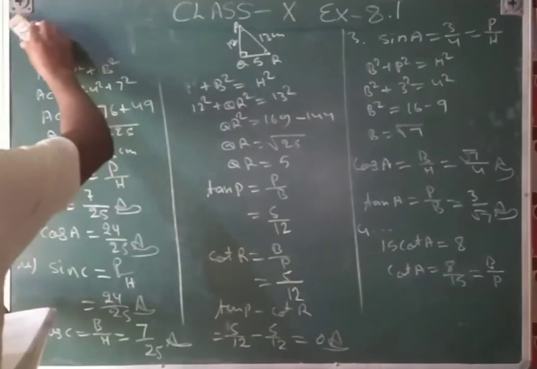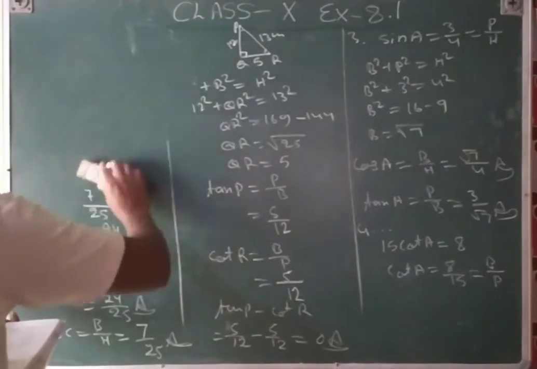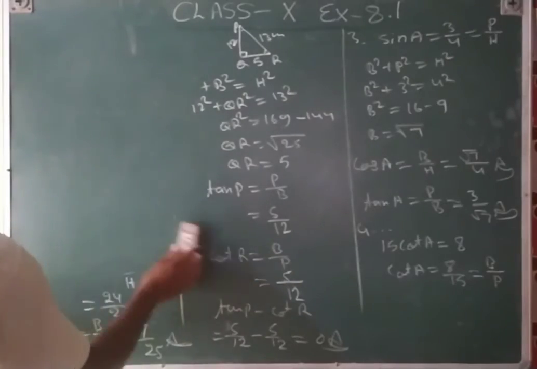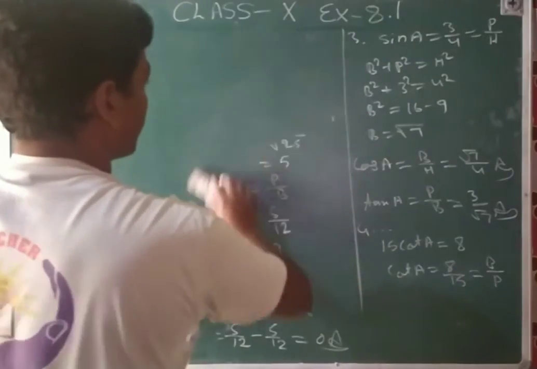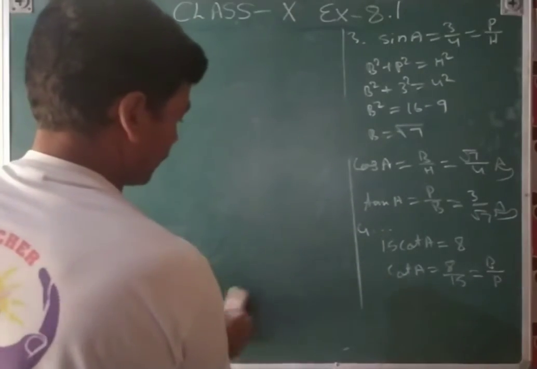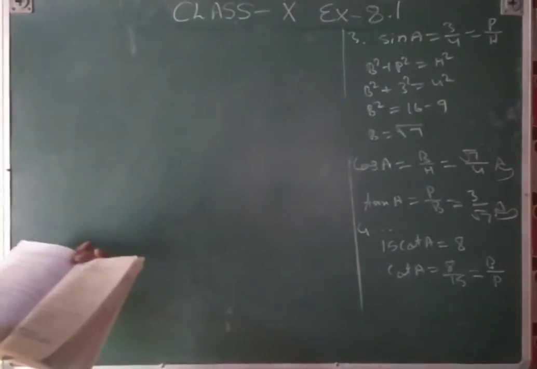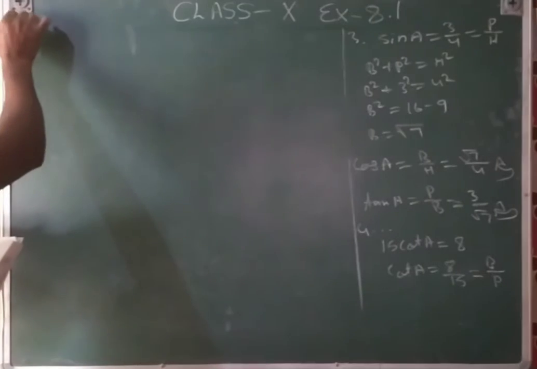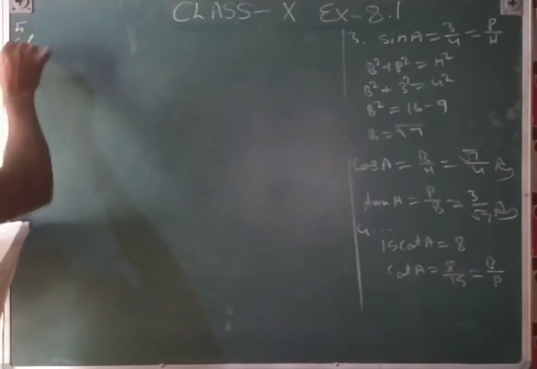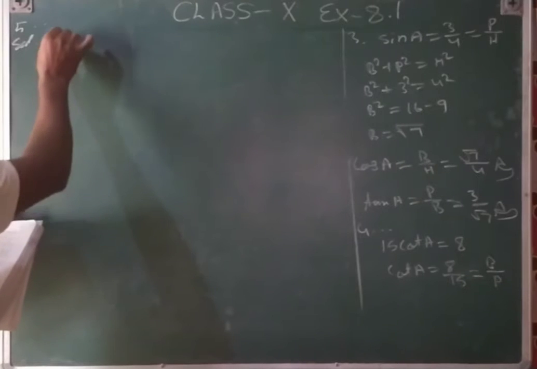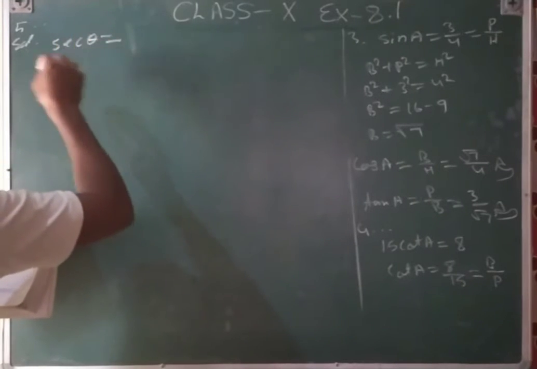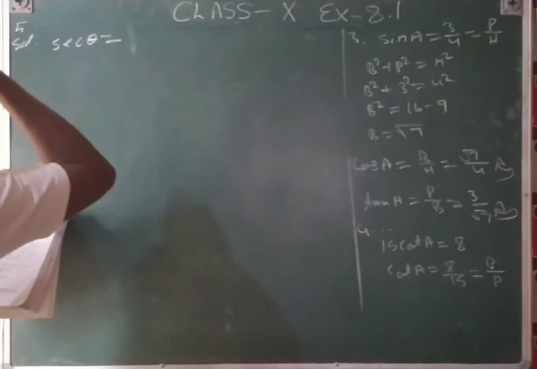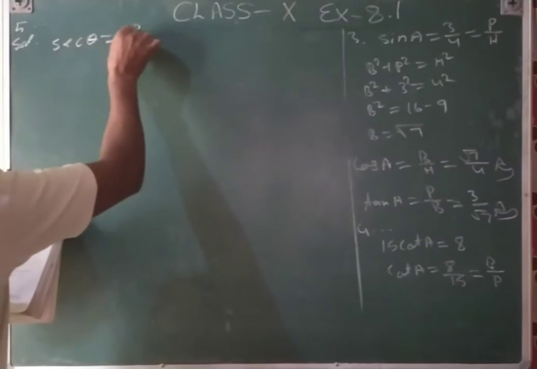And then the fifth question. Sec theta is equal to 13 upon 12.